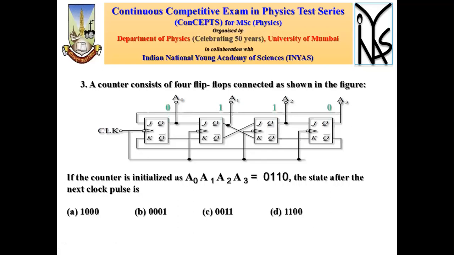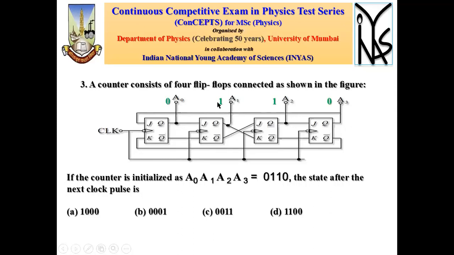So when we apply the given input 0, 1, 1, 0, we are actually feeding 0 to J1, 1 to K2, then input 1 to J3, and 0 to J0. So what will happen is that A3 is given to J0, so 0, 0, 1, 1 will move, 0, 0 will be moved by 1, 1 flip-flop.